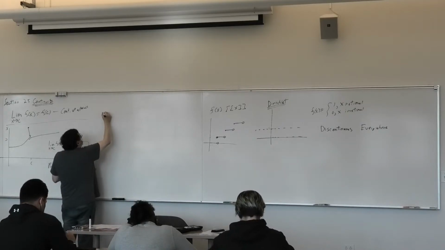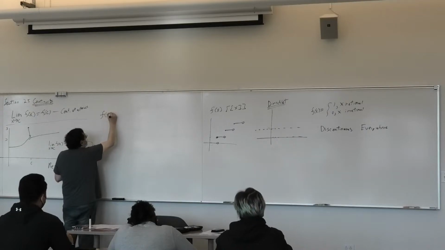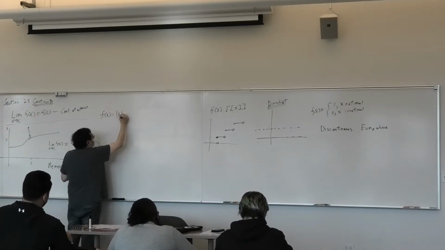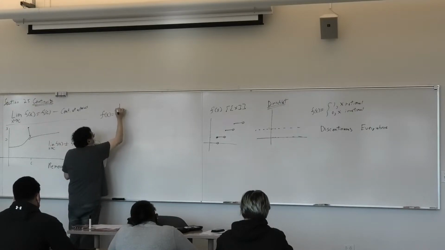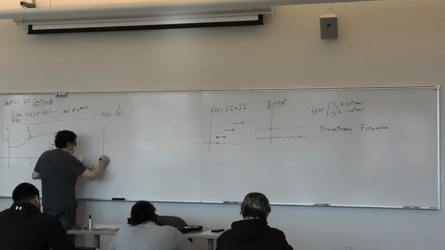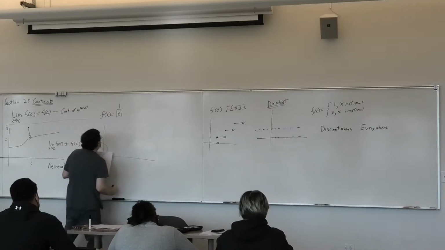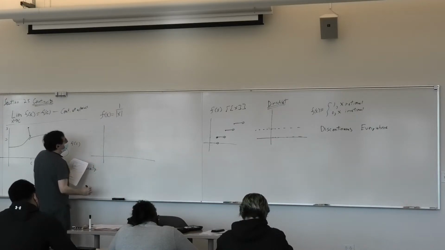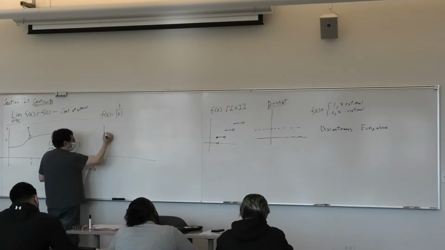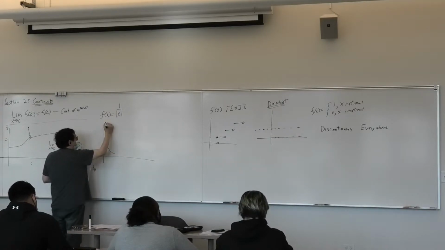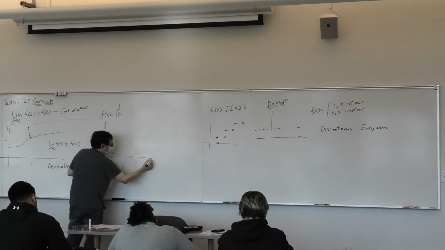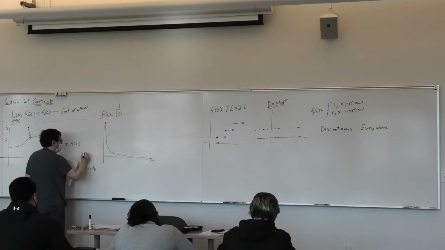Let's take a look at the function f of x equals 1 over the absolute value of x. As we get close to 0 from this direction, this goes up to infinity.